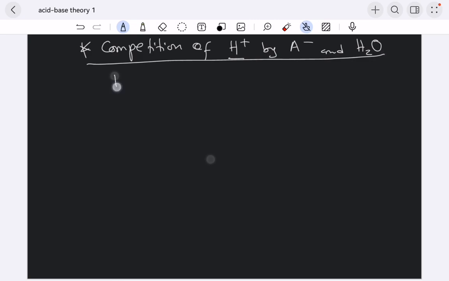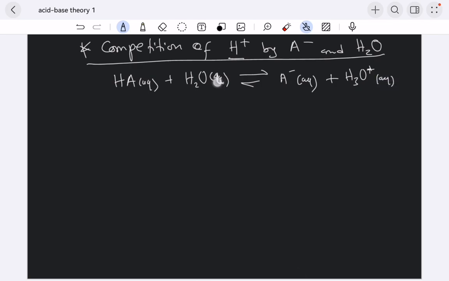When we look at this general reaction, HA plus water, aqueous, then this gives us A negative aqueous plus H3O positive. This is liquid, this is water, it's liquid. When we look at this reaction, we're going to look at two cases. I will say case 1 and case 2.